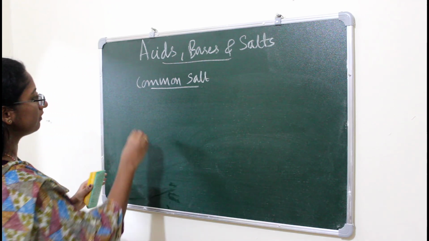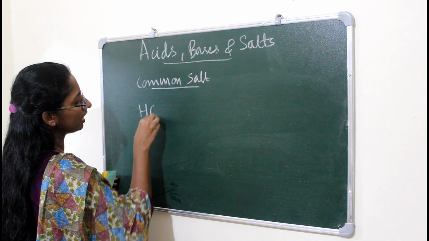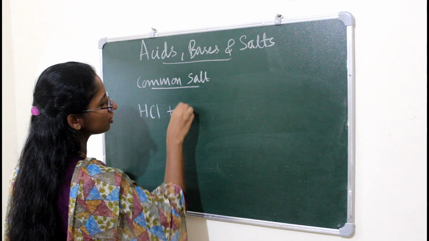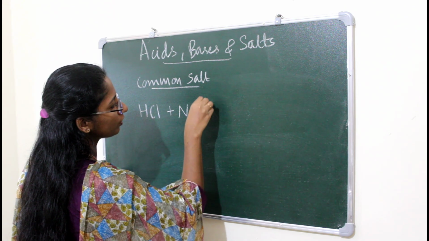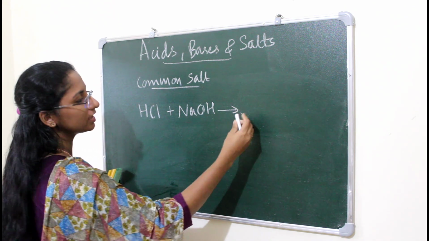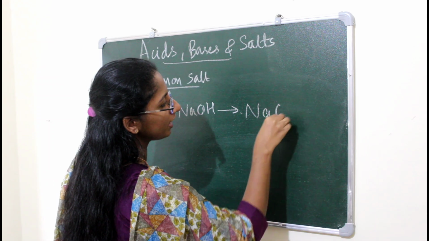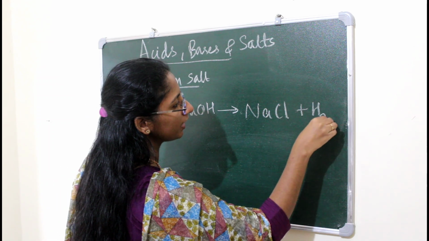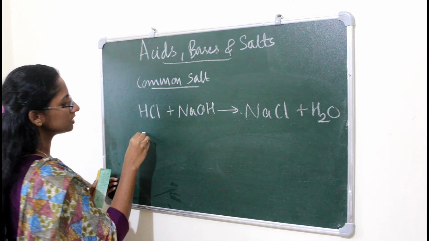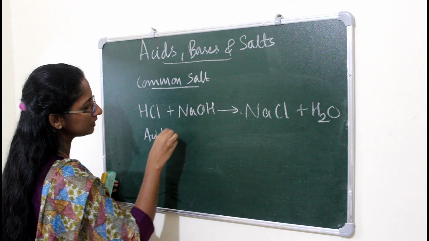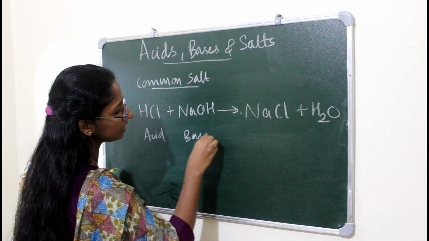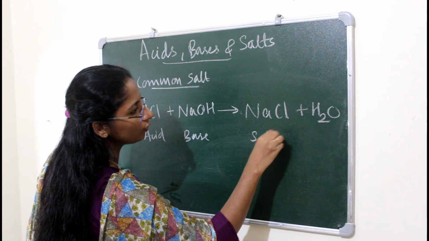So we can say that HCl, hydrochloric acid, on reaction with sodium hydroxide, gives sodium chloride and water, right? This is acid, this is base, and we are getting salt and water.